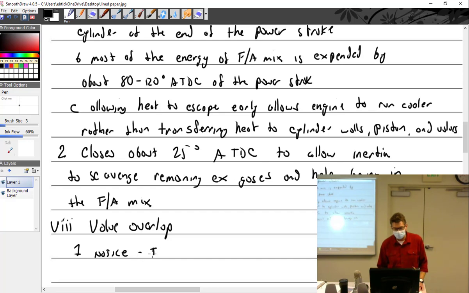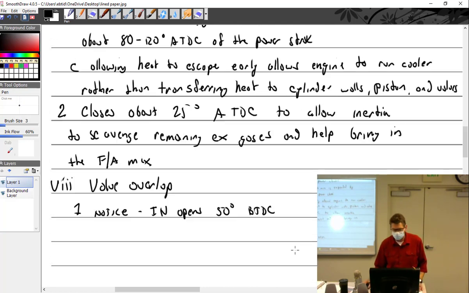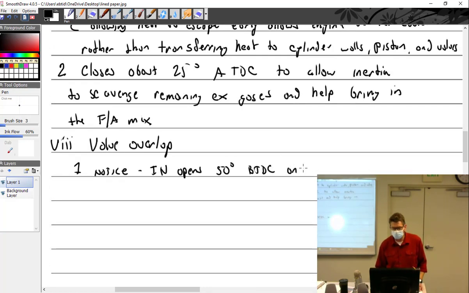So we'll abbreviate: intake opens 50 degrees before top dead center on exhaust stroke, and exhaust is open 25 degrees after top dead center.